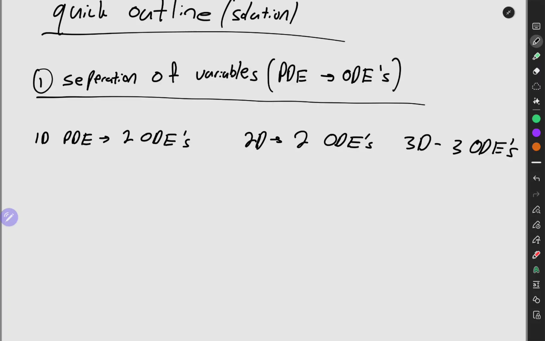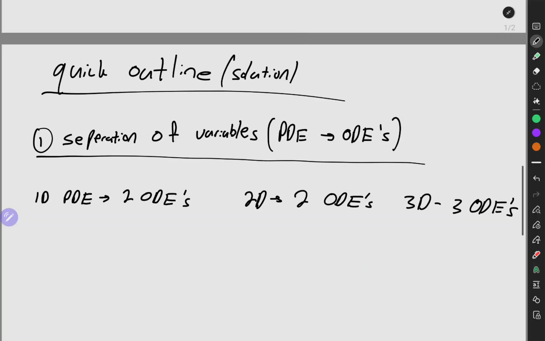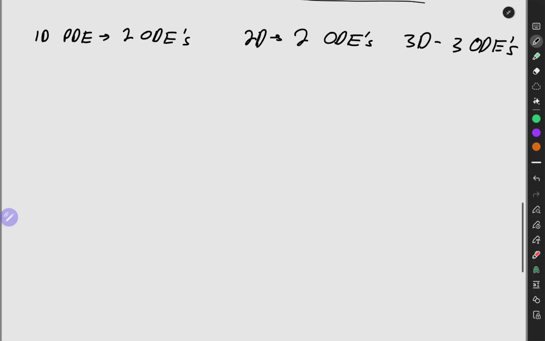So for example, for the heat equation, we would end up with a second order linear homogeneous ODE, right, and a first order linear ODE. So I might as well write that down. Let's look at the heat equation, because it does become specific to the equation.